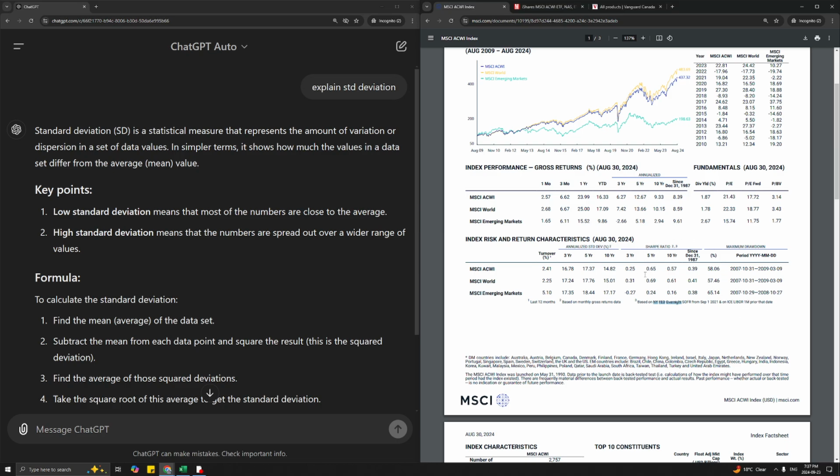So the Sharpe ratio is the return of the market minus the risk-free rate, divided by the standard deviation. What this is saying is that the higher the Sharpe ratio, the higher your market return minus the risk-free rate is per unit of standard deviation.